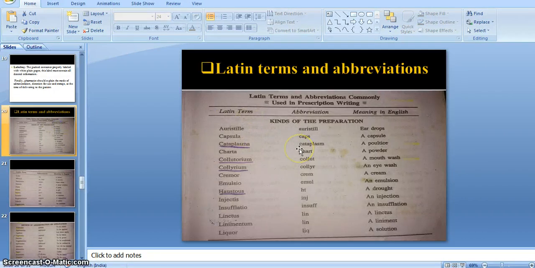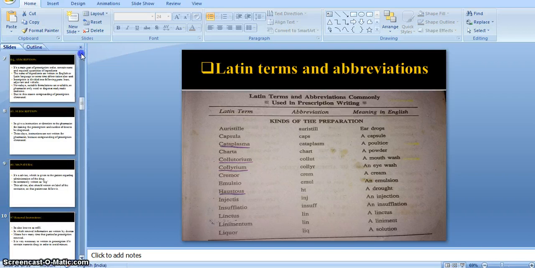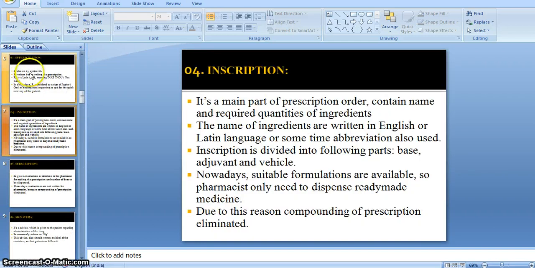These are the Latin terms and abbreviations. We have already learned the inscription, which is the main part of our prescription.